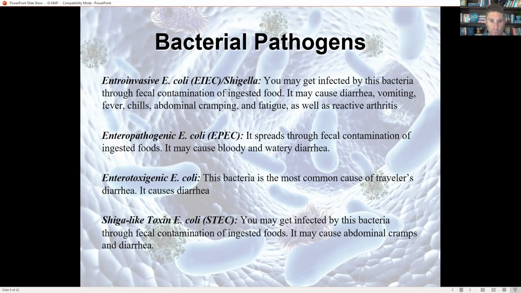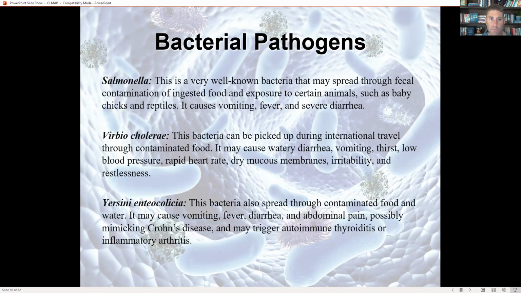Now, when you're running this from a functional medicine perspective, you typically don't see a lot of these elevated. You may see the presence of some like Giardia and Yersinia enterocolitica and stuff like that. I've seen Salmonella, but oftentimes you won't see them really elevated, because oftentimes when these are really elevated, the person's in a very acute stage and they're going in to see a medical doctor.